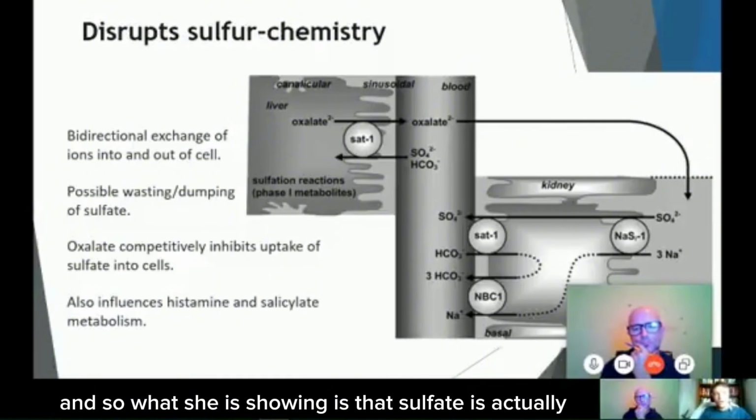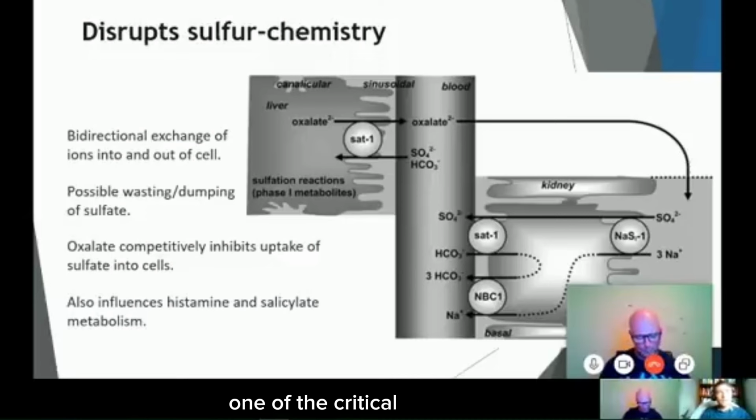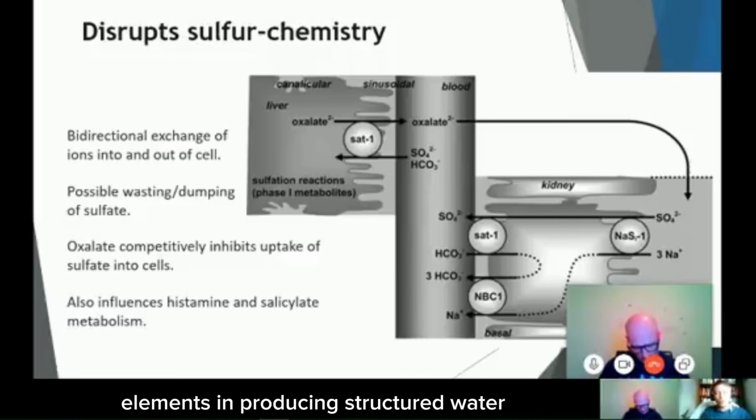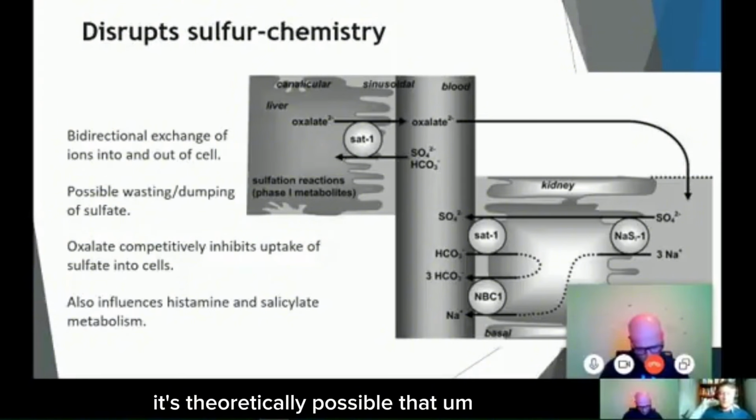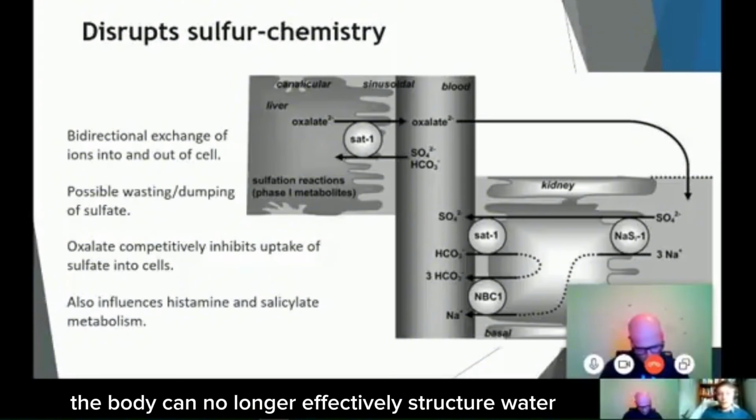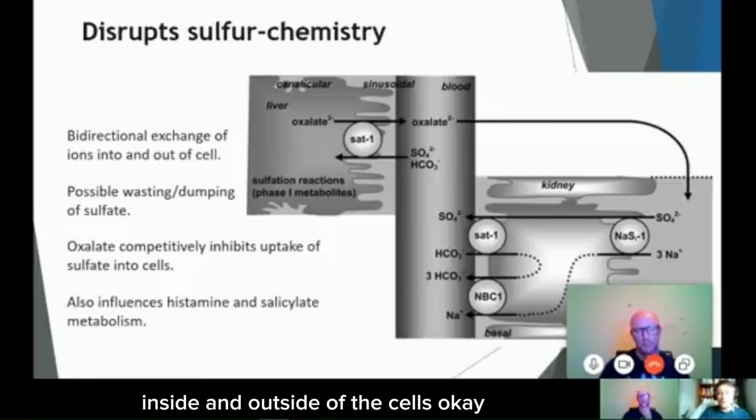And so what she's shown is that sulfate is one of the critical elements in producing structured water and this gel-like battery, and that when the body is low on sulfate, it's theoretically possible that the body can no longer effectively structure water inside and outside of the cells.